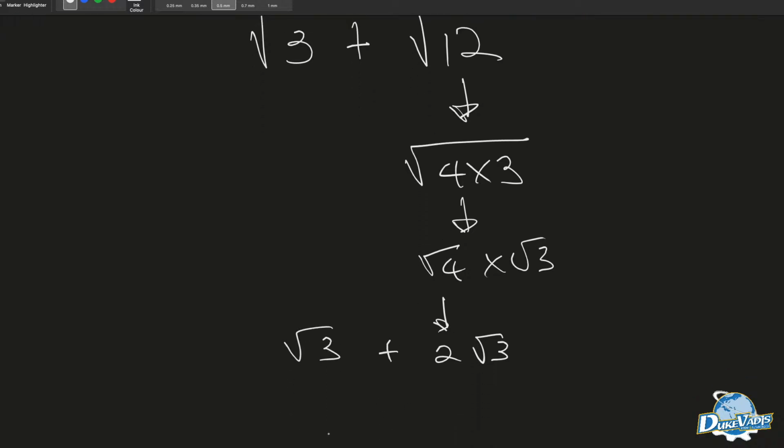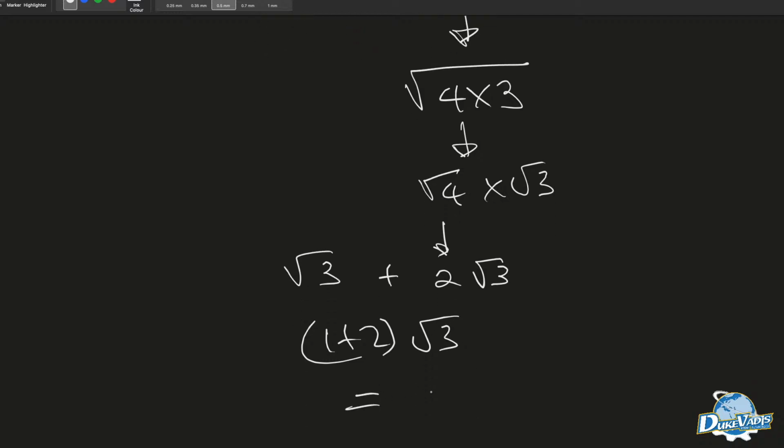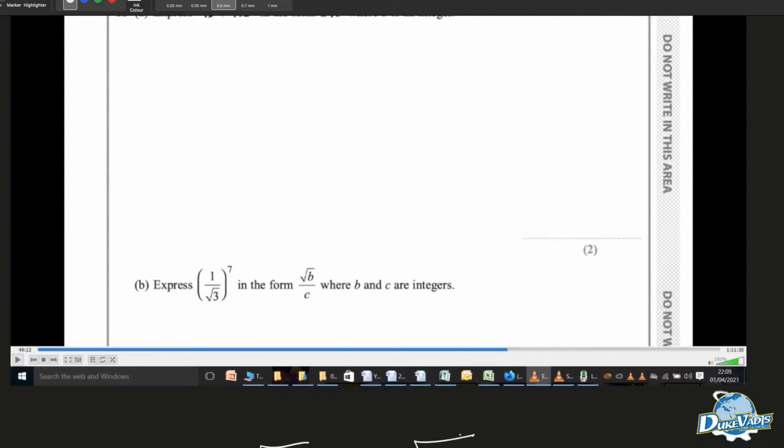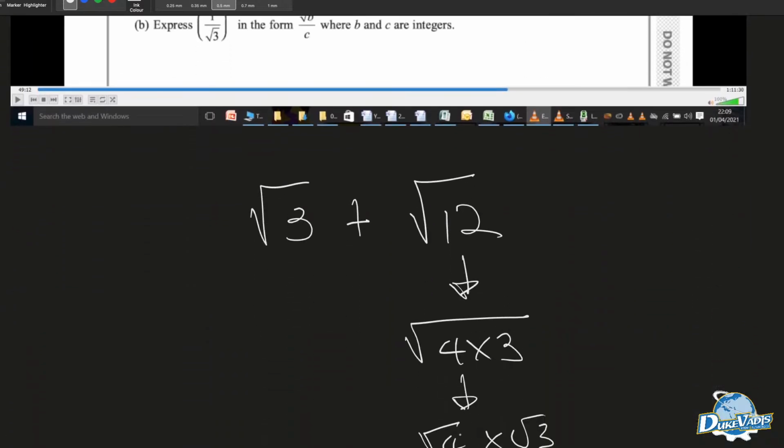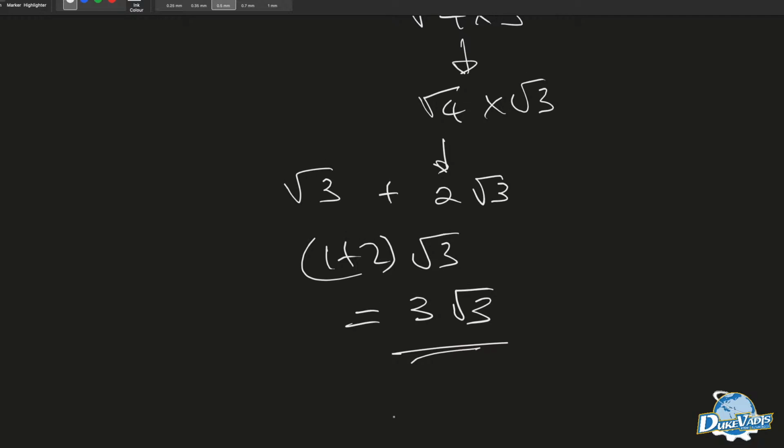We can factorize, so we can say 1 plus 2 in bracket, root 3, and that will give us 3 root 3. That is the answer expected, so that's a root 3. We are able to do it. It says where a is an integer, so a is equal to 3.